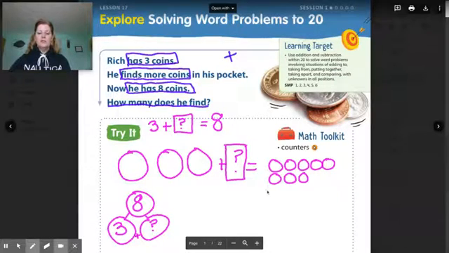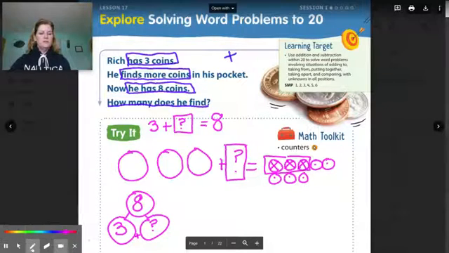Well, there's so many ways you could do this. Let's say that these are the 3 coins that I started with. Then how many more of those 3 coins did I draw until I got to 8? Let's take a look. 1, 2, 3, 4, 5.